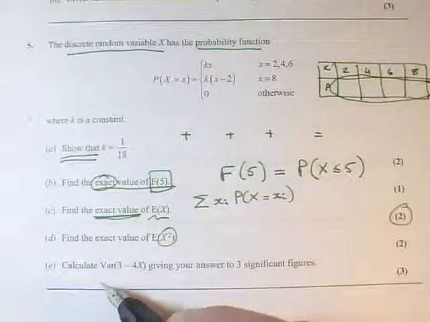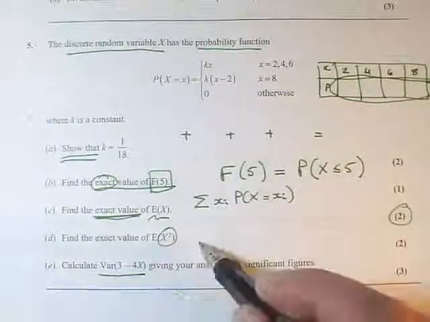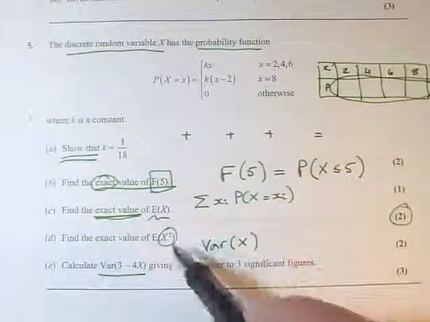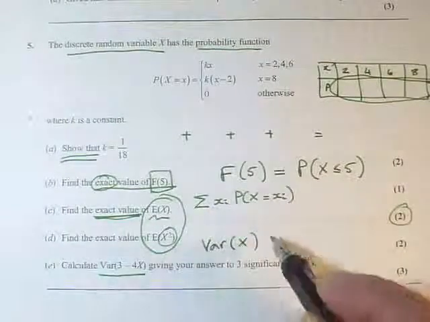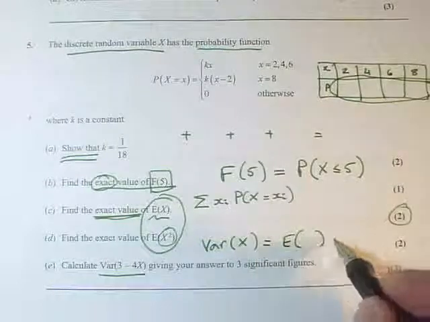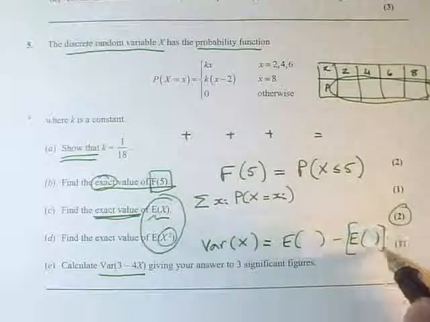And then in part E we've got the variance of this. This is kind of like a double step, because the thing they didn't ask me to work out is the variance of x. But you know that the variance of x can be calculated from these two things as a formula. The variance of x is an expectation of something minus an expectation of something else squared.